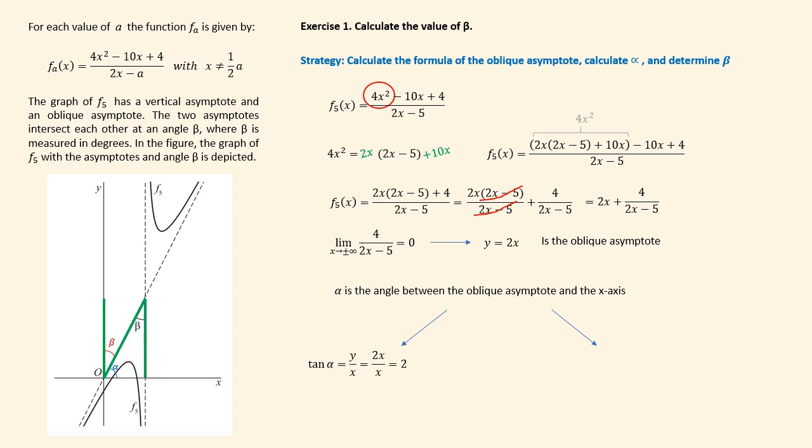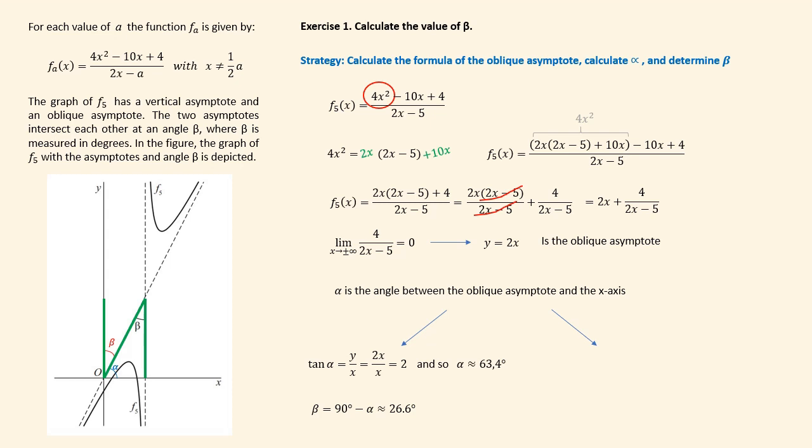So y can be written as 2x, so then we get 2x divided by x, the x's cancel out, and then we have 2. So tangent alpha is 2. Thereby alpha would be the arctangent or the inverse tangent of 2, which is 63.4 degrees. And thereby beta, being 90 degrees minus alpha, is 26.6 degrees.